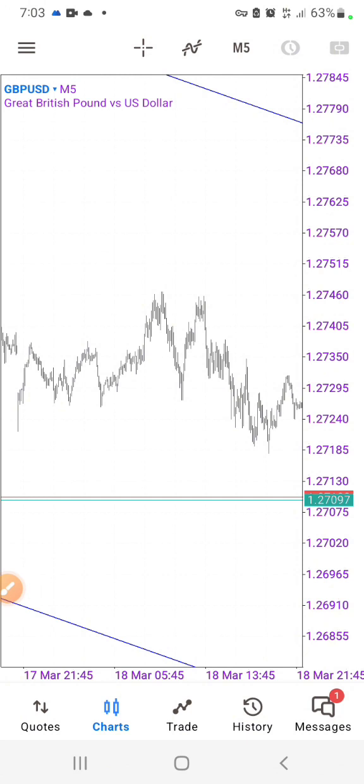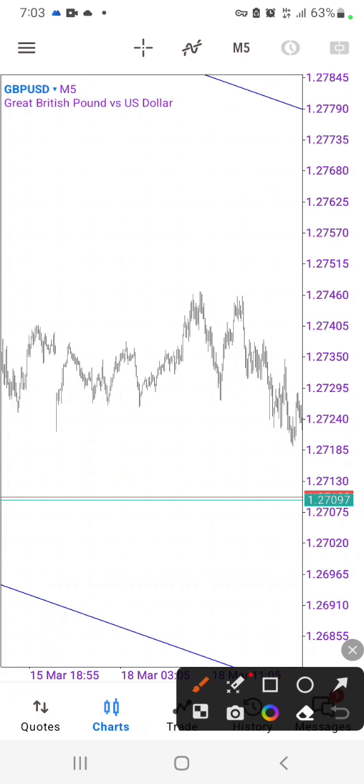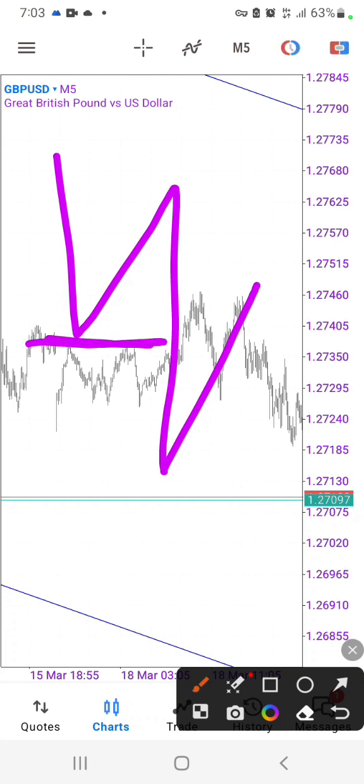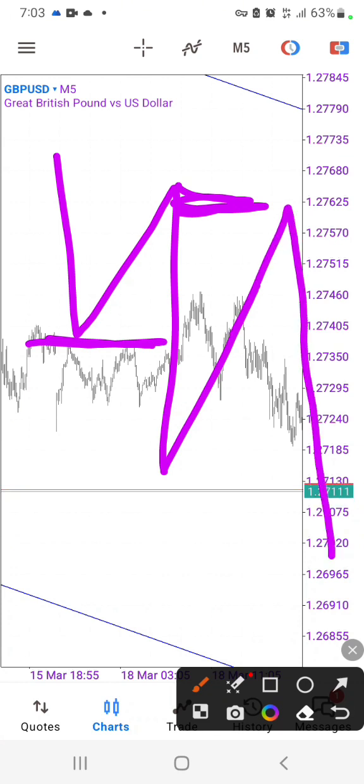So you go to minute 5, you see that the market is making lower lows and lower highs. When it breaks the previous lower low, it will come here and make a retest to continue down. We do the same thing.